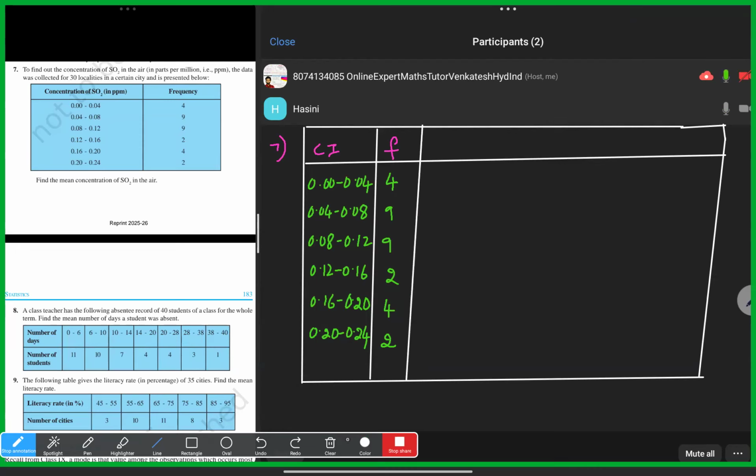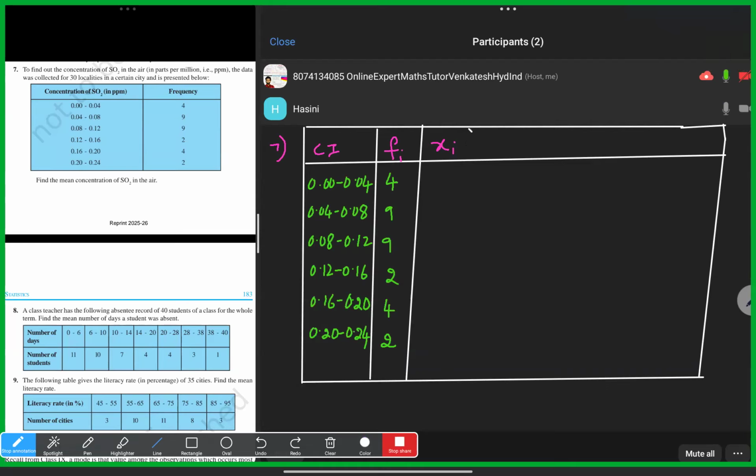Then Hasni, the Xi column. So Hasni, here decimals are there for the first time. Okay. Yes, sir. So what should we do, Hasni?